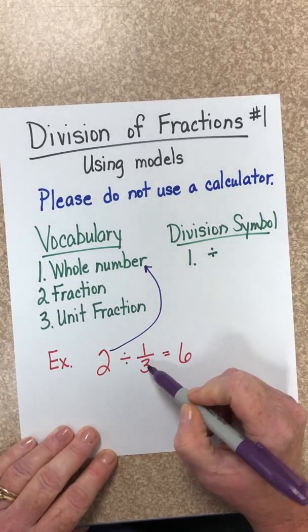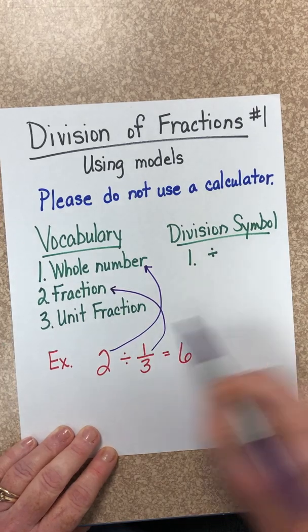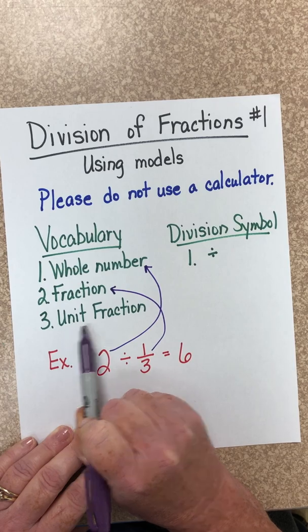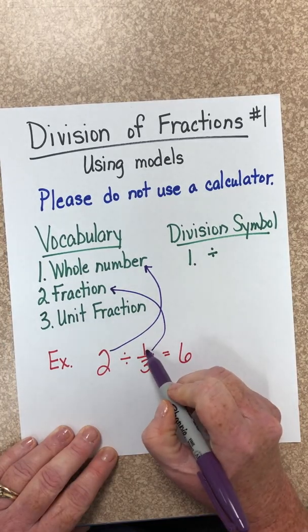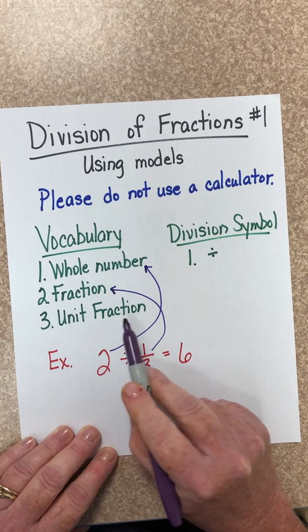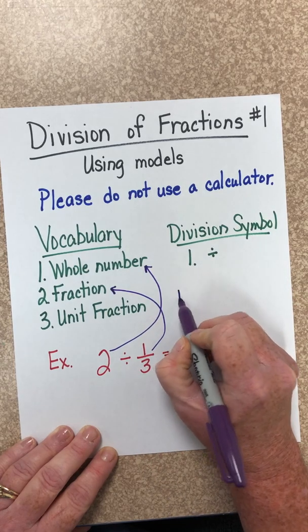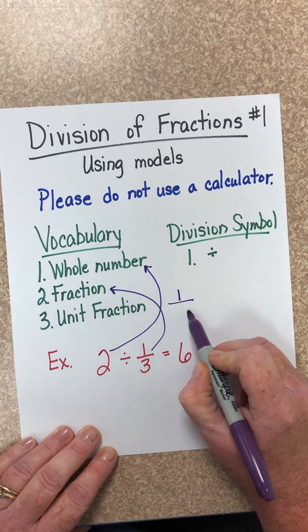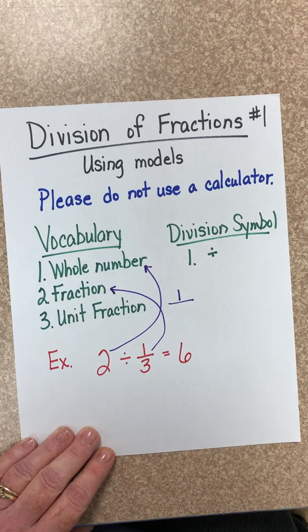The fraction is 1/3, but specifically 1/3 is called a unit fraction, and that's because the top number, or the numerator, is a 1. A unit fraction must always have 1 as the numerator, and you can have any number in the denominator, and it's still called a unit fraction.